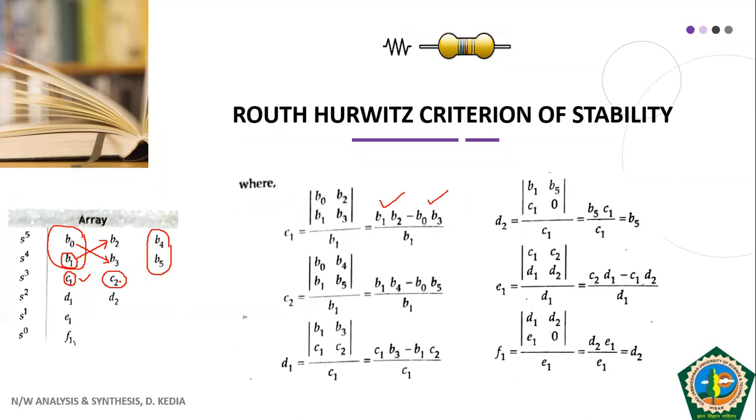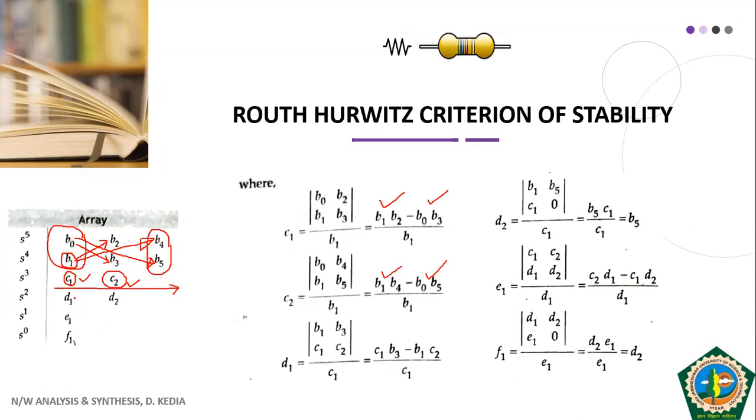In order to obtain C2, B1 will be multiplied with B4, minus B0 into B5. So B1, B4 minus B0, B5, and again divided by B1 only. This is how we get C2. I hope this is clear. So from the first two rows, we have obtained the third row, that is your C1, C2.